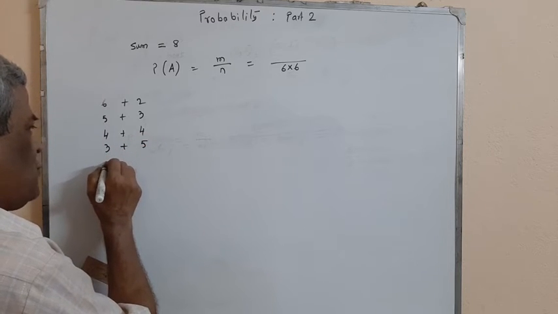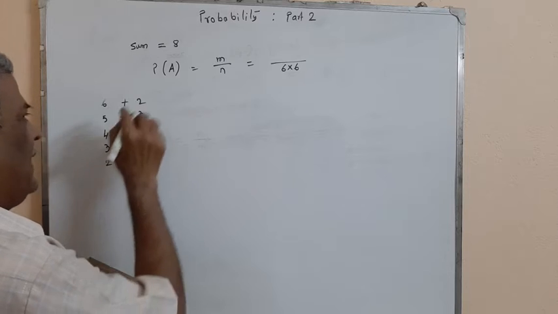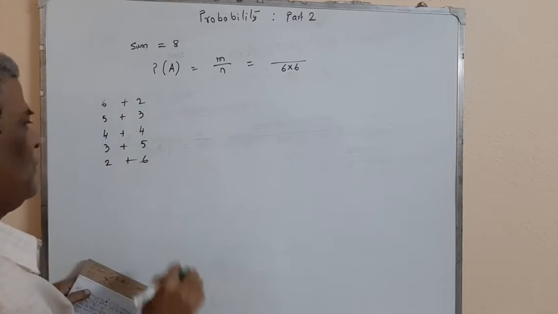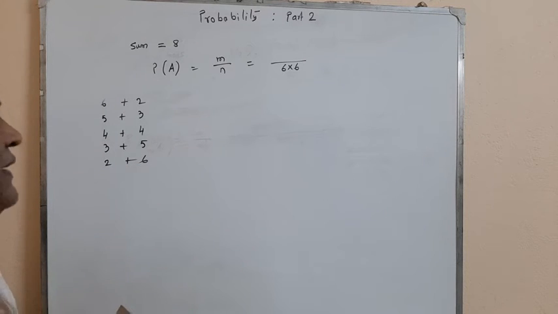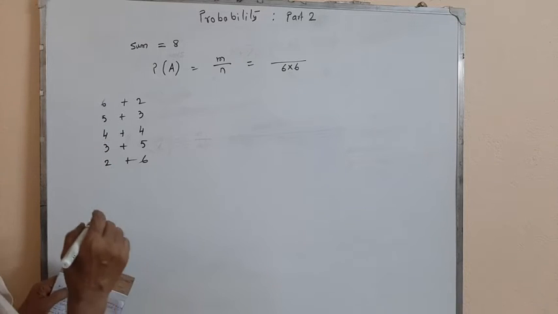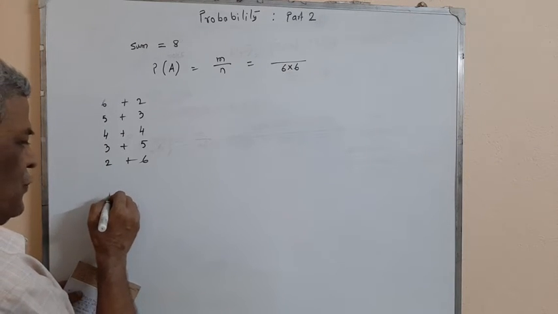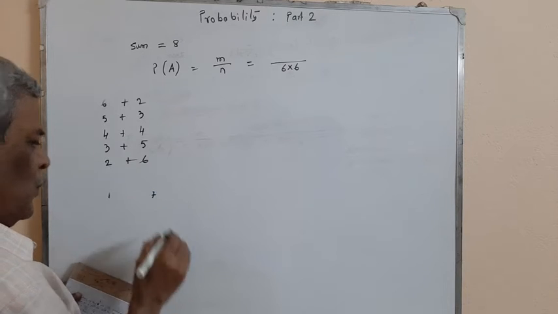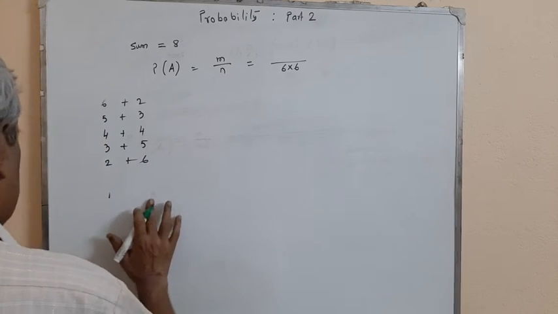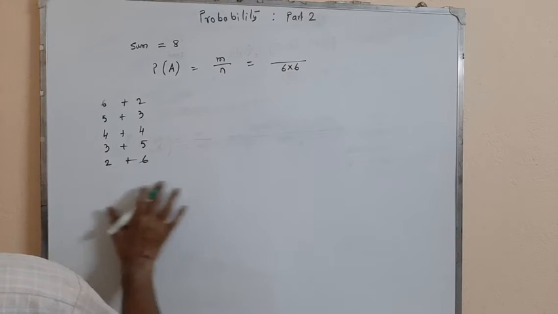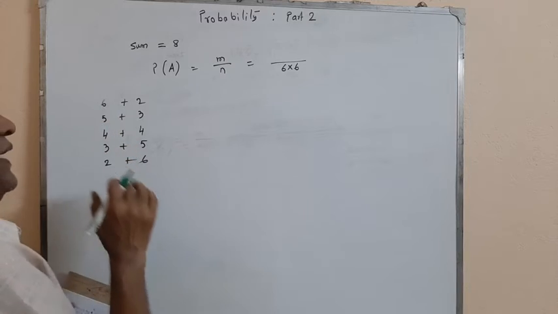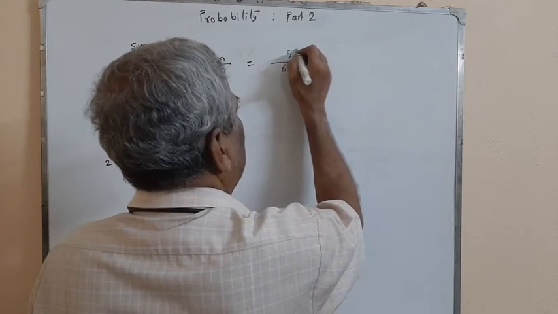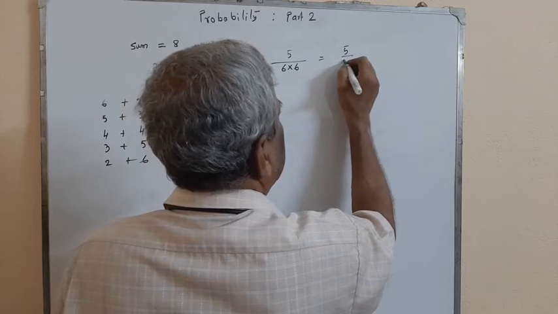Next, it is 2, 6, 8. 1, 2, 3, 4, 5. So these are all the possible ways where the sum of the faces will be 8. No other possibilities are there, because next time if it is 1, then it should be 7, which is impossible. How many cases? 1, 2, 3, 4 and 5. So it is 5. So answer is 5 by 36.